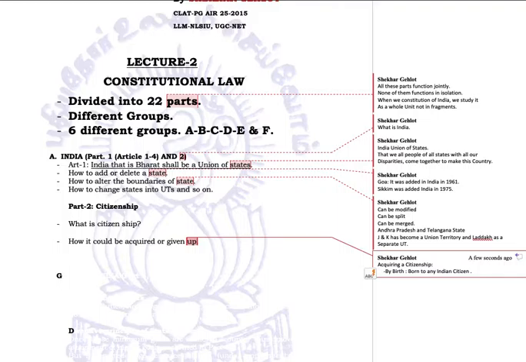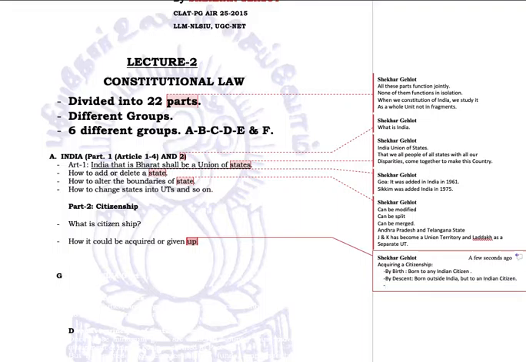If either of your parents is an Indian citizen and you are born to them, by birth you will be an Indian citizen. By descent, born outside India but to an Indian citizen.